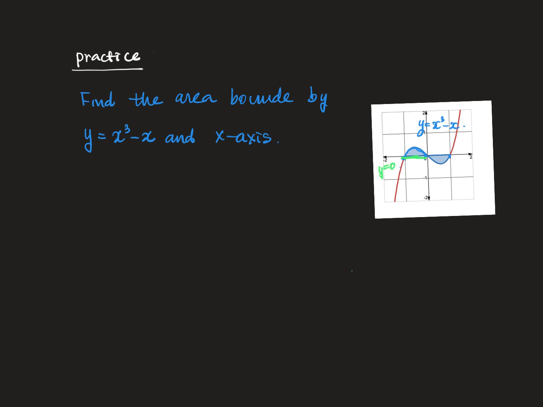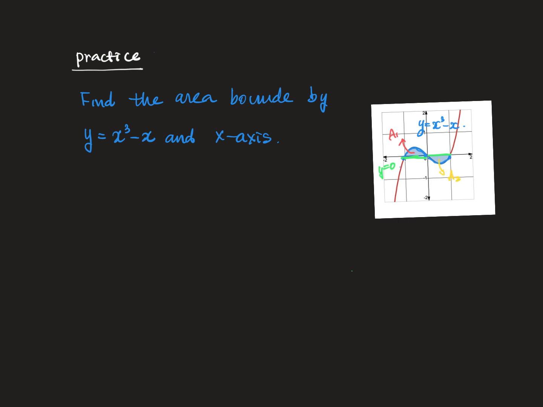So y equals 0 is the x-axis. The second part is where the upper curve is y equals 0 and the bottom curve is y equals x cubed minus x. Guys, you must see very clearly which is the upper curve and which is the bottom curve. Let's say this area is A1. The second part, I'm going to call A2.